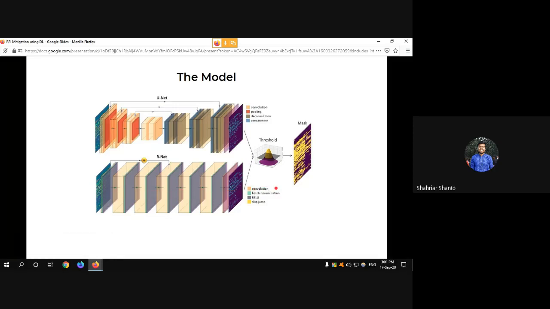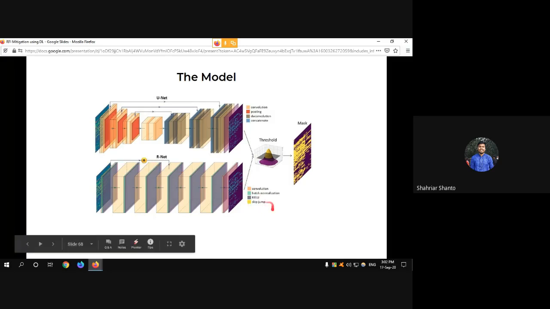We can see here the yellows are convolutional layers. These gray ones are ReLU, which I talked about, an activation function. An important feature of their model was a skip jump, which means a highway or a bypass highway for the values in the picture.